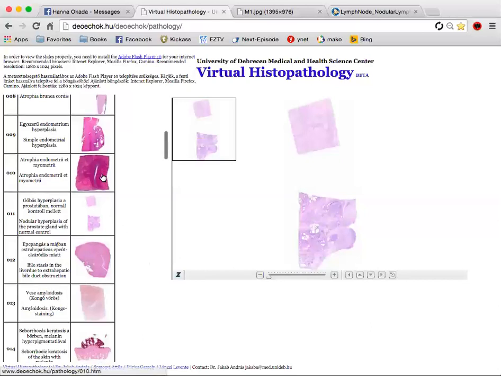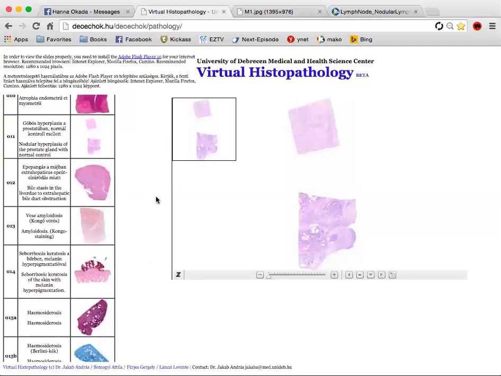So why does it happen? The prostate undergoes hyperplasia because of hormone stimulation, so testosterone. You don't really need it for this semester, but next semester you're going to have a topic about this.